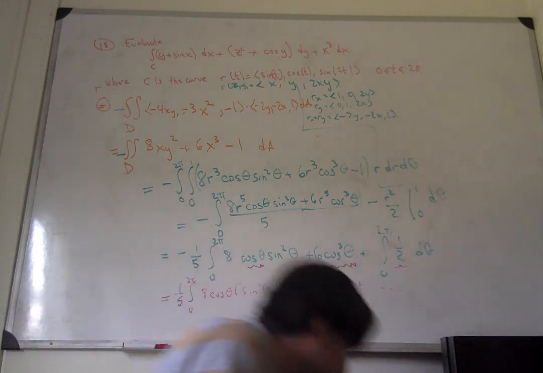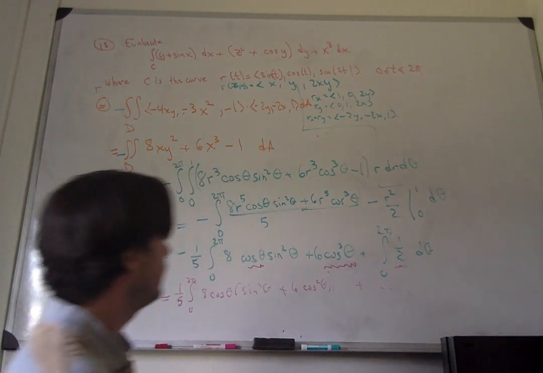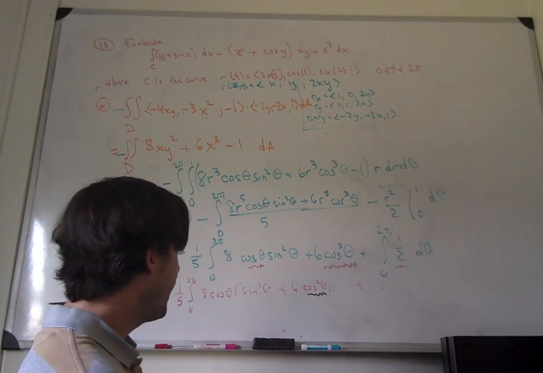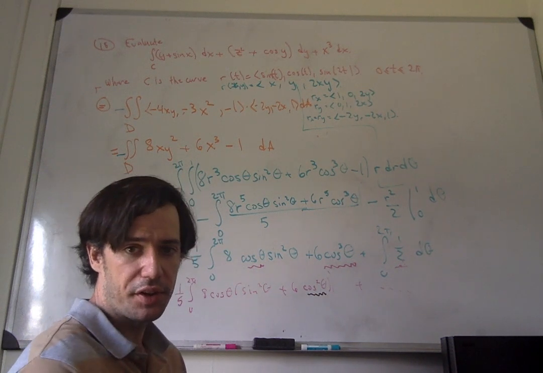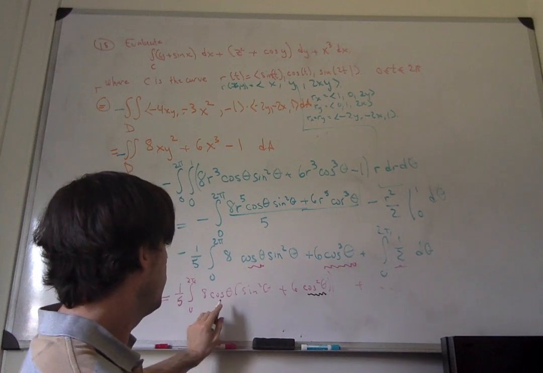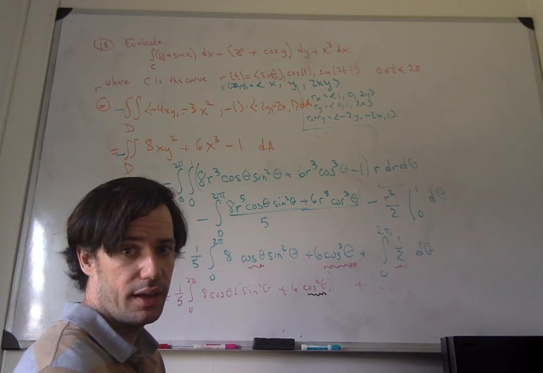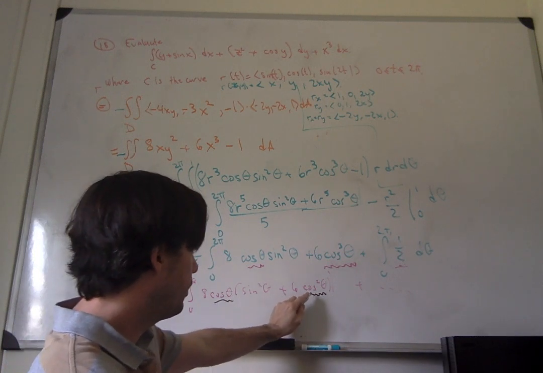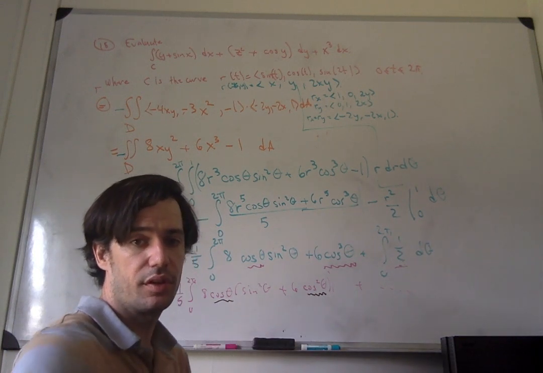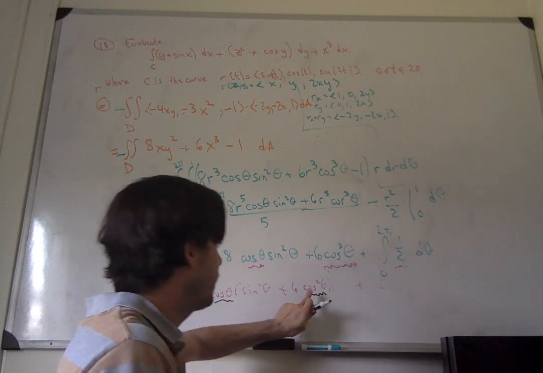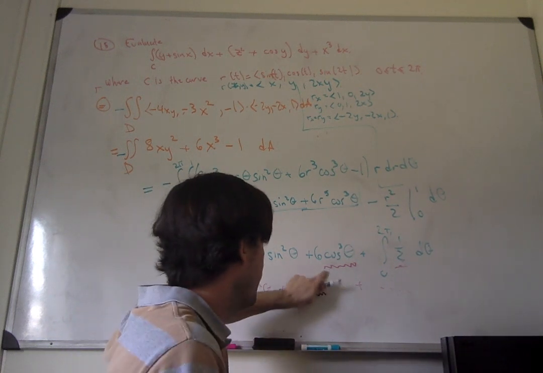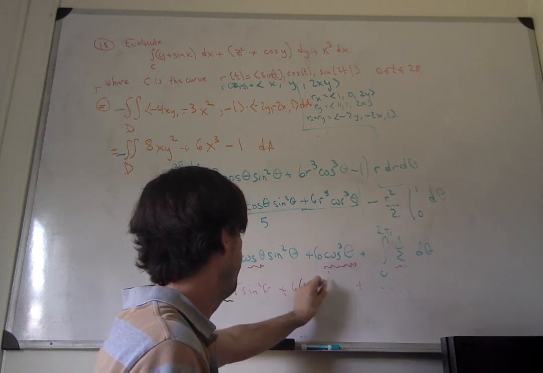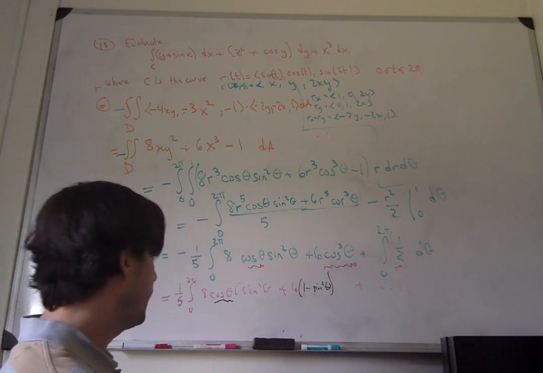Okay, we're almost done. Now, this cosine squared, I don't like that, because I want to do a u substitution, where u is sine and du is cosine. So I'm going to remember that sine squared plus cosine squared is equal to 1. And so I can rewrite this cosine squared as 1 minus sine squared theta, right?